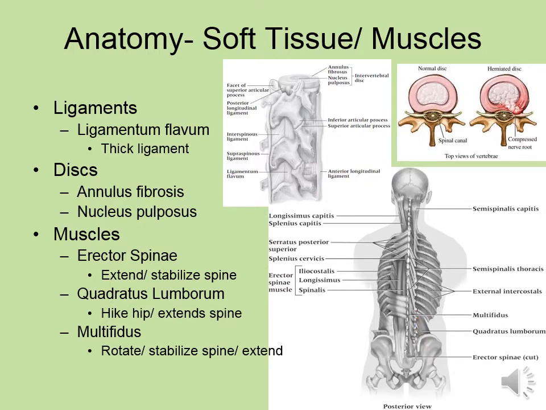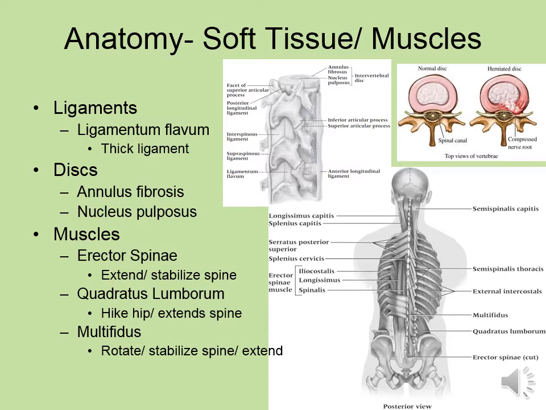Then we also have our multifidus muscles. They're super important for stability for the spine. They run between the spinal segments or the individual vertebrae, and they kind of look almost like shoelaces lacing up the spine here as they do that. The multifidus muscles in particular, based off of research, have been shown to be some of the major stabilizers of the spine. They're also some of the smallest muscles in the spine, and they're some of the first muscles to shut down when we have back pain or back injury.